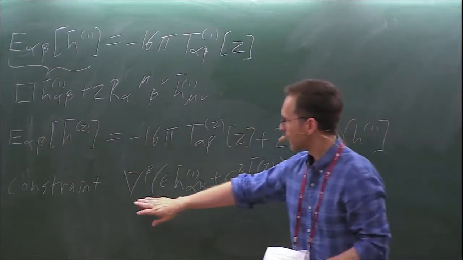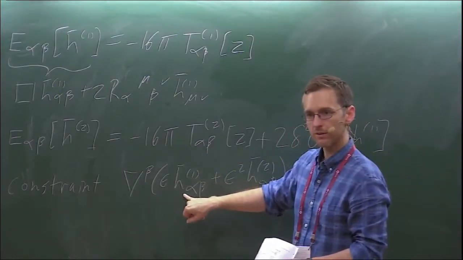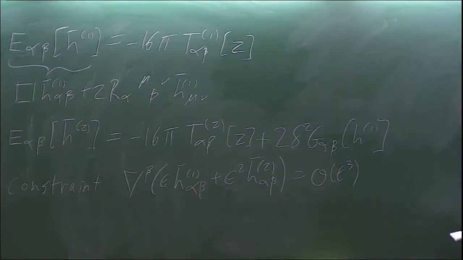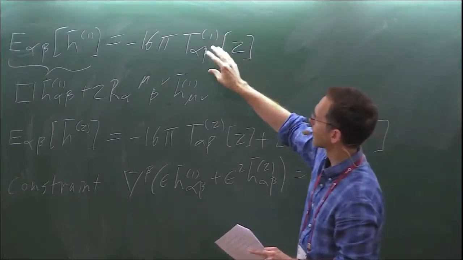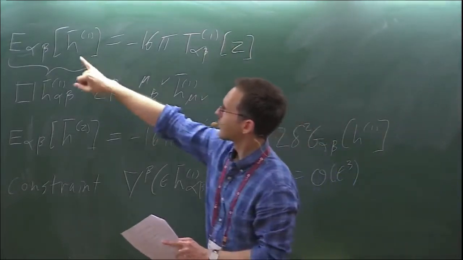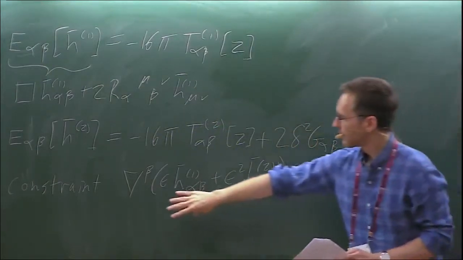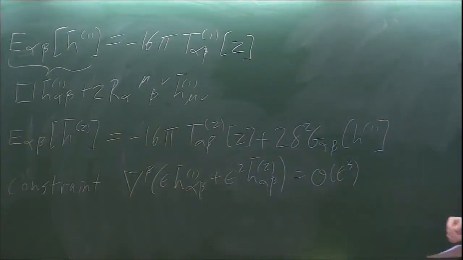This does not imply that the divergence of h1 is identically 0, the divergence of h2 is identically 0. Those are not true statements, and that's because you have epsilon dependence in Z, which gives you epsilon dependence in h1, and so here you can't just identify zeroth order term, or sorry, first order term, second order term, each individually 0. You need to actually add them all up.